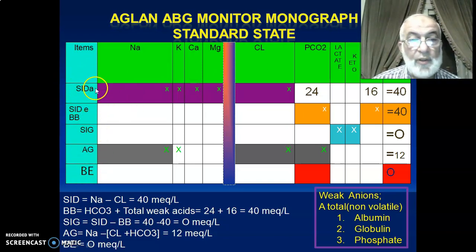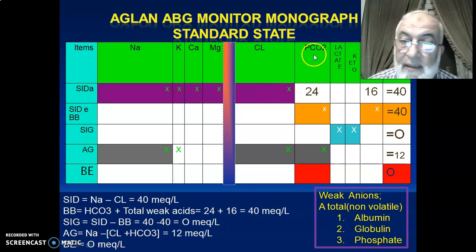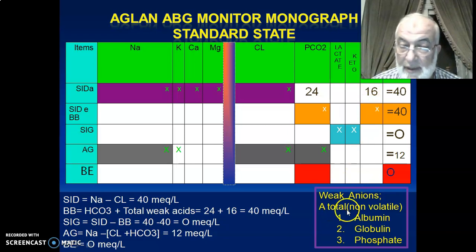When we come to the strong ion difference, sodium forms the largest cation in the extracellular compartment. Chloride forms the largest anion. When we say sodium minus chloride, this equals the bicarbonate plus the fixed acids plus the total weak acids. These total weak acids, as we see here, are albumin, globulin, and phosphate.